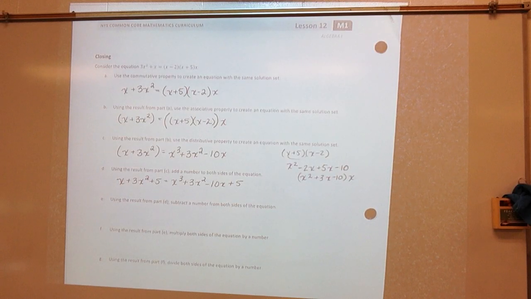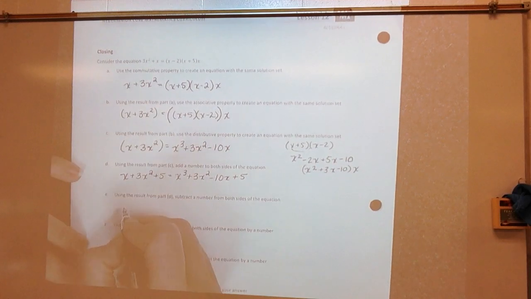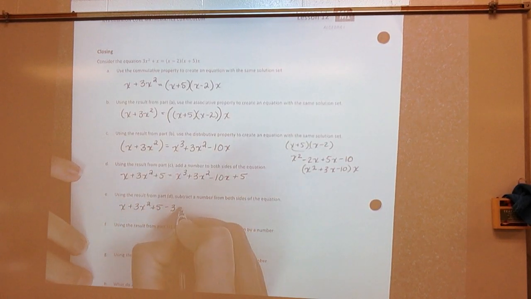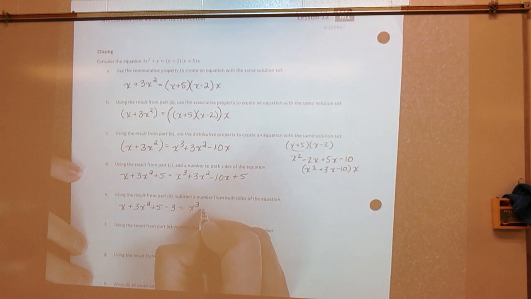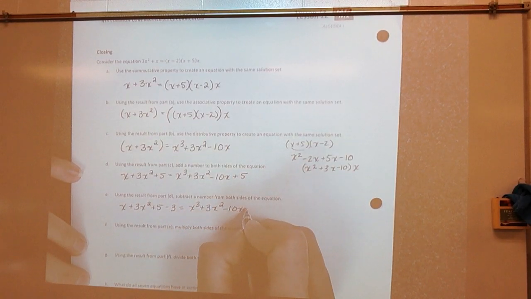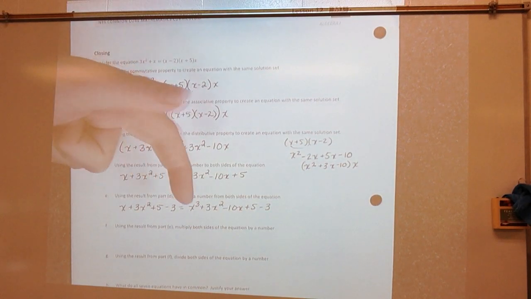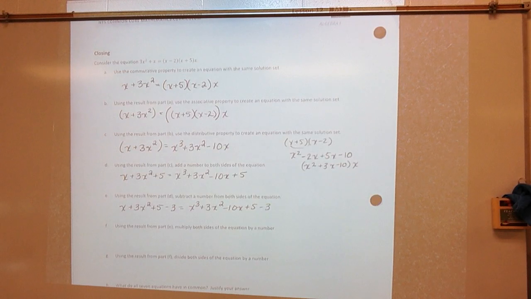Alright, so I think I want to subtract 3. Okay, so I get x plus 3x squared plus 5 minus 3 is equal to x cubed plus 3x squared minus 10x plus 5 minus 3. And I'm keeping that minus 3 there because I want you to see what I did.